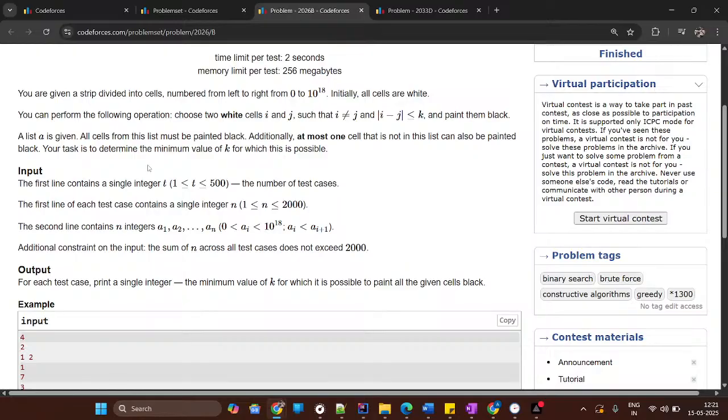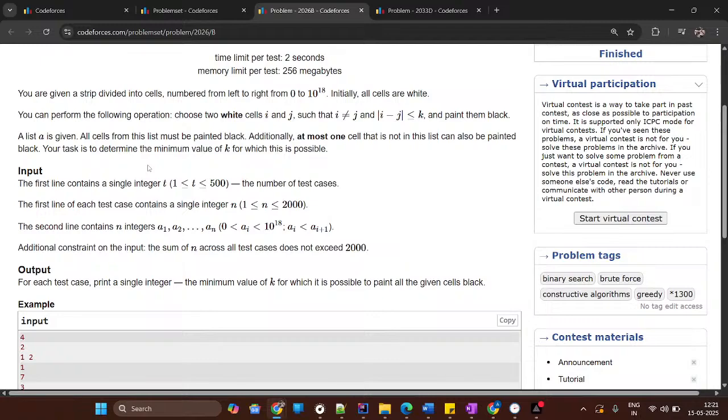Then you can paint three cells. So we can always paint n cells, or we can paint n plus one cells. Is that right? Yeah. So let's say n equals to 3, we can paint three cells or four cells. If n equals to 4, we can paint four cells or five cells.